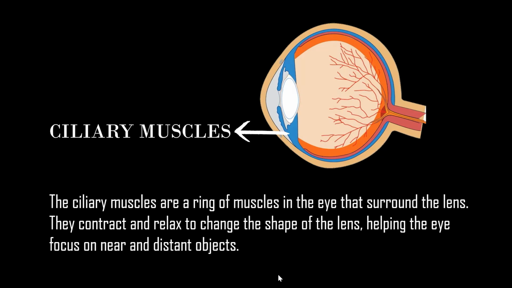When the object is near, the ciliary muscles make the lens thicker, and when the object is far, the ciliary muscles stretch and make the lens thinner. And if the object is far, the lens will become thin, and if the object is near, the lens will become thick by relaxing the ciliary muscles.